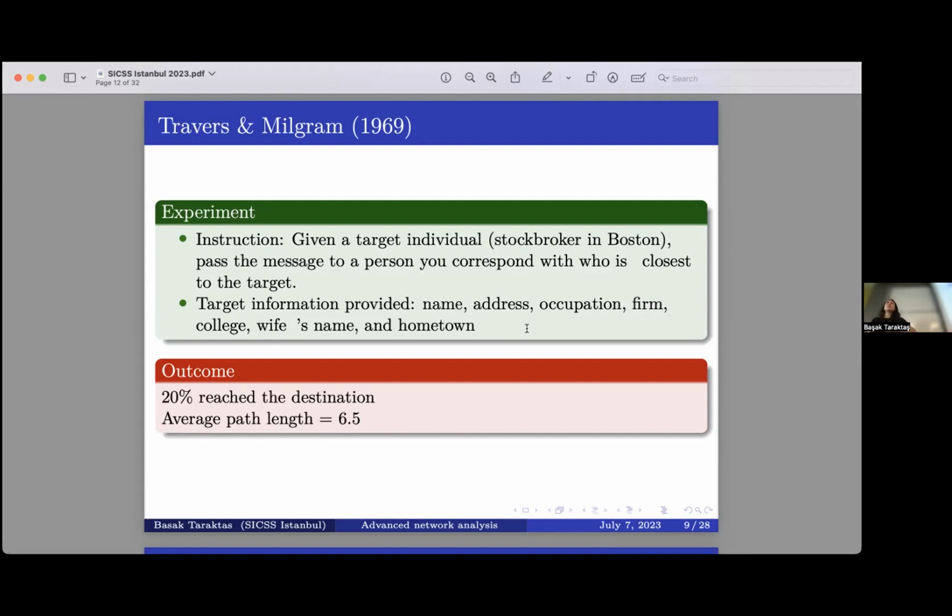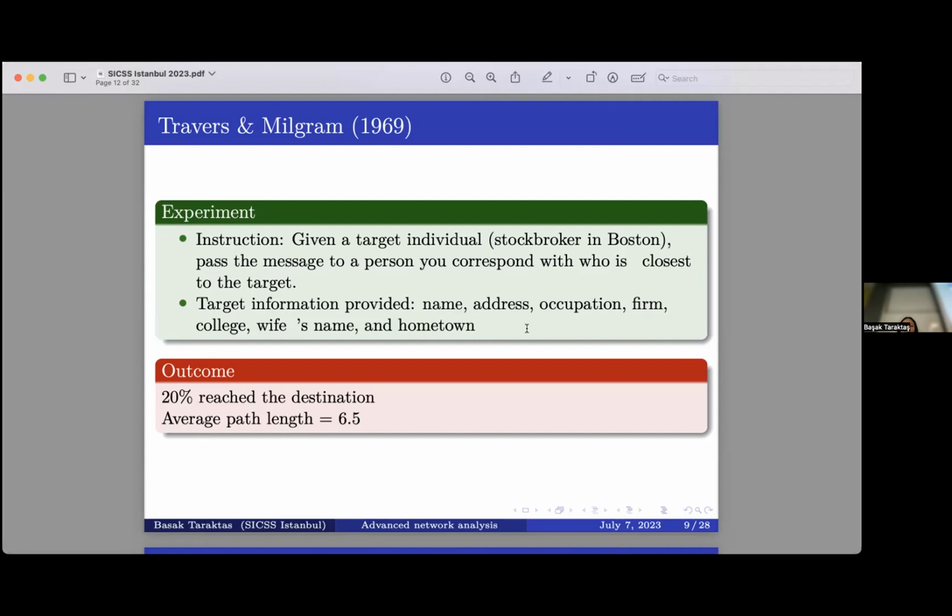And that new sheriff thinks, okay, I have a cousin who lives in Boston. Maybe I'm going to forward that letter to the cousin. And the letter goes to the cousin. And the cousin somehow has a friend who knows people, you get the idea. So everybody forwards the letter to someone who they think to be better connected than themselves.